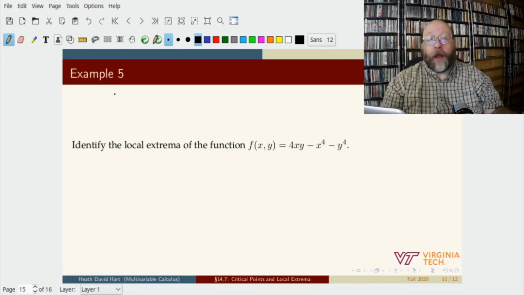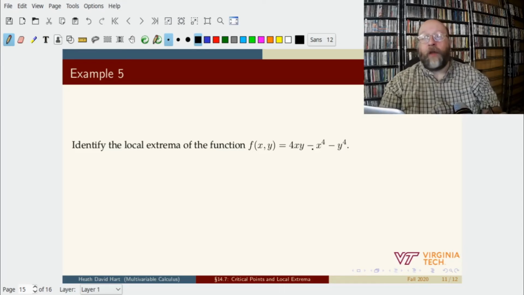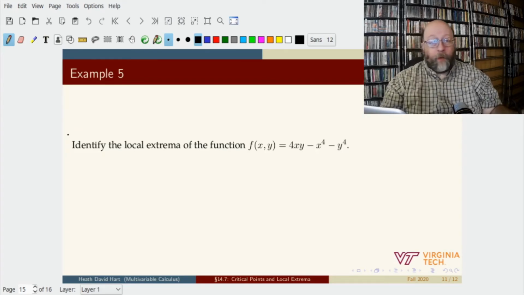All right. Let's try another example. We're going to find the local extrema for this function here, 4xy minus x to the fourth minus y to the fourth. Okay? So let's go through all these steps.